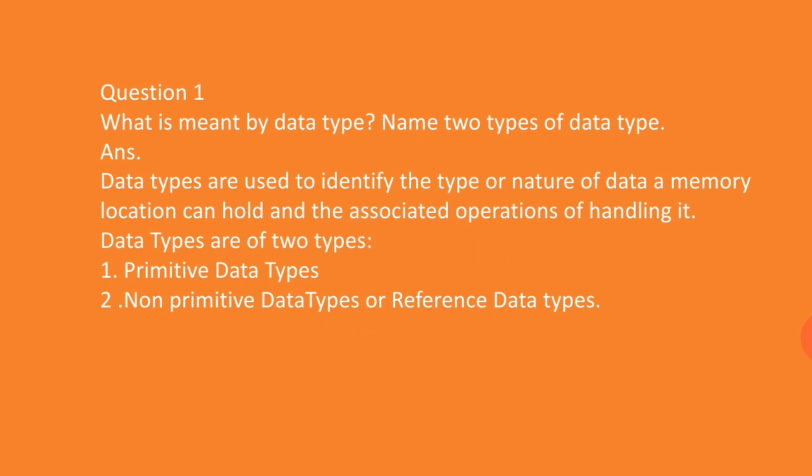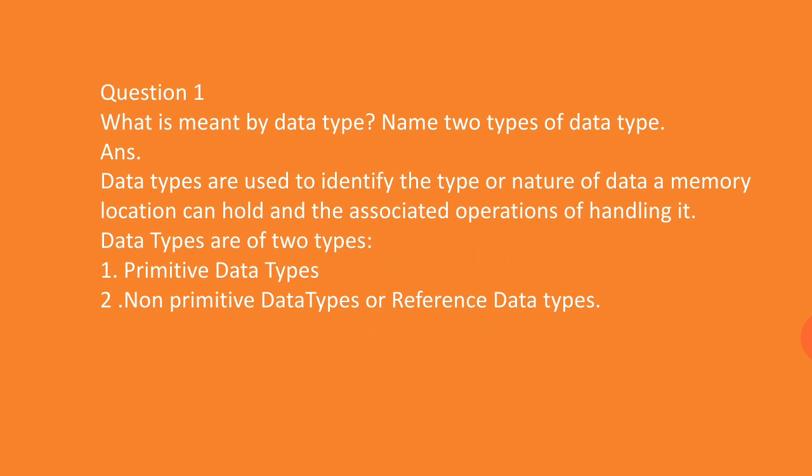When I say this word or term data type, that simply means I am talking about the nature of the data or the type of the data. Now, when the data type is required, actually Java is a strongly typed language. And we all know that data can always be stored either into a variable or into a constant.